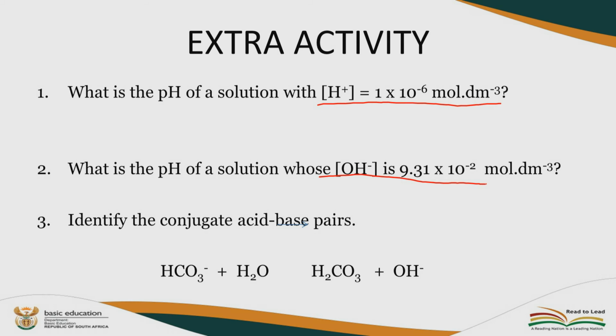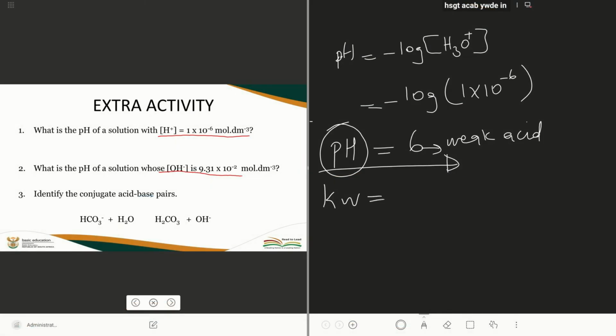So you need to firstly find the concentration of the hydrogen ion by using the Kw formula, whereby Kw is equal to the concentration of H plus ion multiplied by the concentration of OH minus ion. By the way, the constant for Kw is always provided as 1 times 10 to the exponent minus 14.